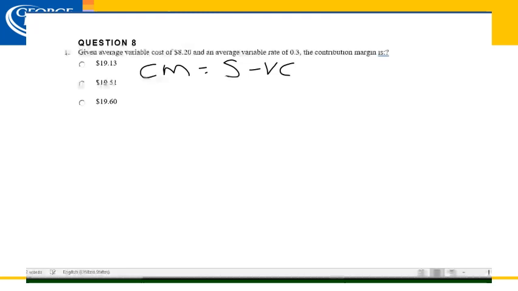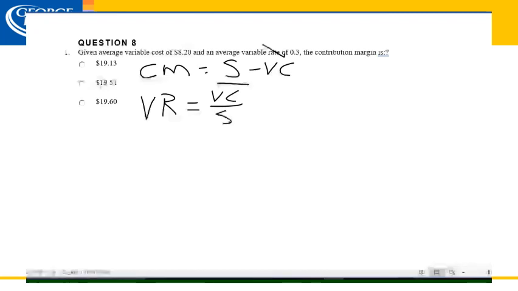We are given our variable costs, but we don't have our sales. But with the given information, we can solve for our sales. For instance, let's look at our variable rate. We're given that, and then let's look at the equation. So our variable rate is our variable costs divided by sales. We have our variable costs and our variable rate. We can rearrange this equation and solve for our sales, from which we can calculate our contribution margin.